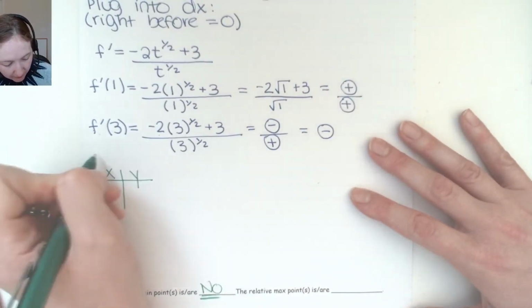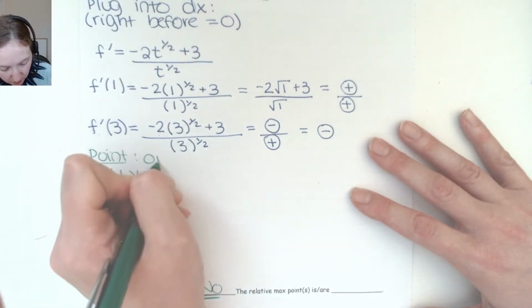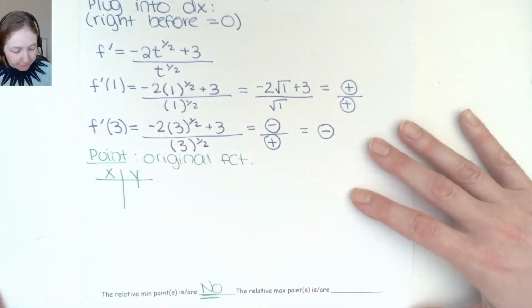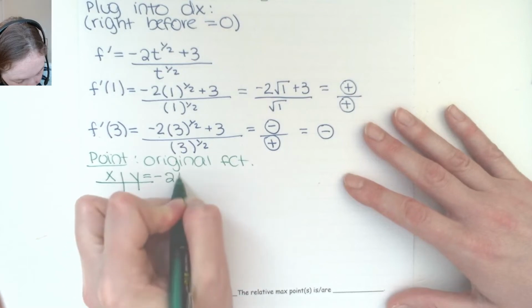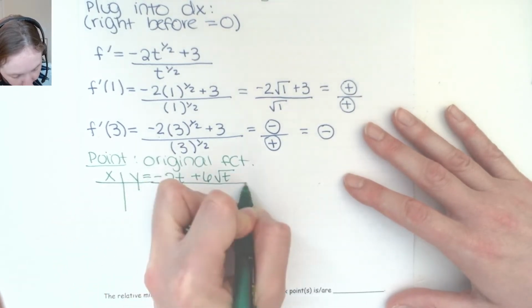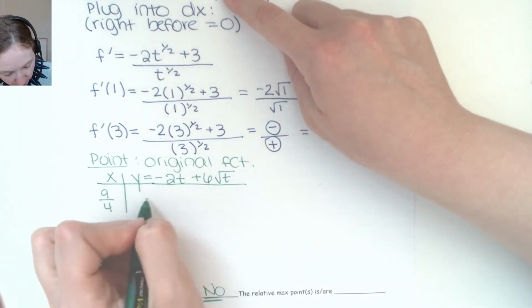So remember, to find the actual point, we want to plug into the original function. And that original function was -2t plus 6 square root t. So I'll plug in the 9/4 into that original function.